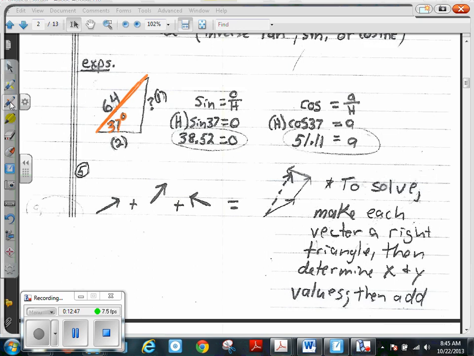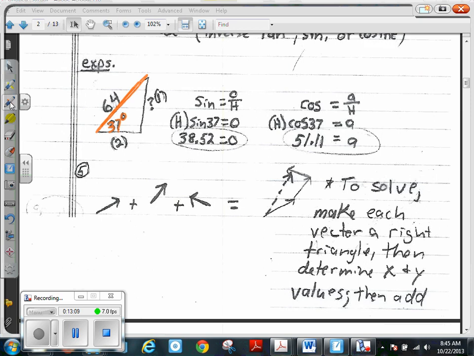Now, if you have two of anything, like two sides, you can use a squared plus b squared equals c squared to find the third, and then you can find angles if you have two sides too. So if you have two pieces of any triangle, you should be able to solve for all the other pieces.